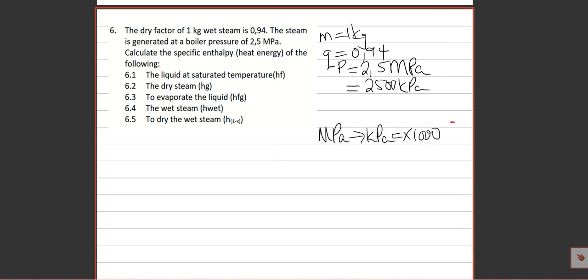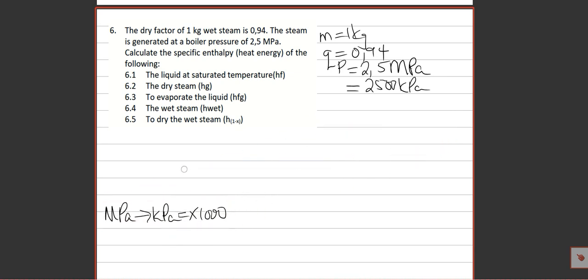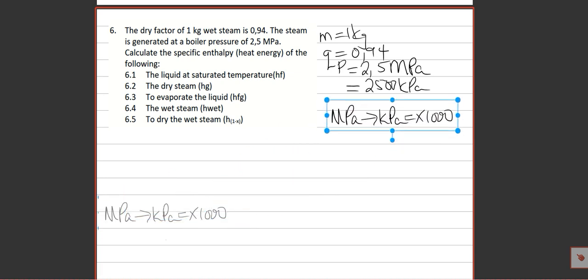The question says calculate the specific enthalpy, heat energy, of the following. So we're still looking for heat energy of the following. So we will be referring to a pressure of 2500 kilopascal.